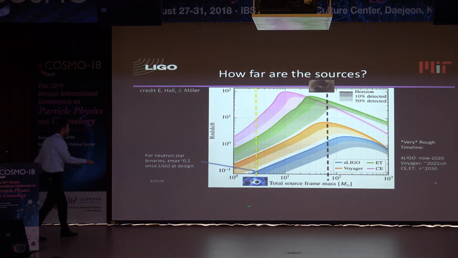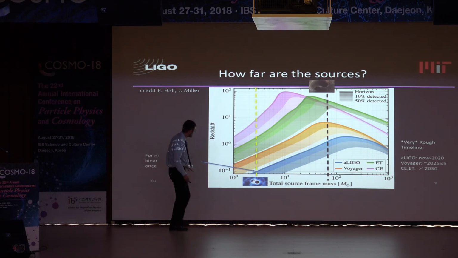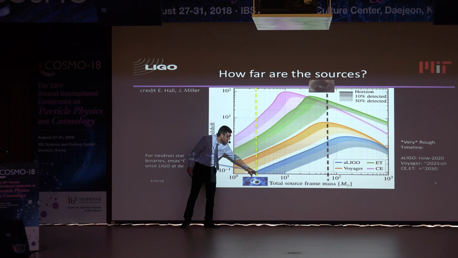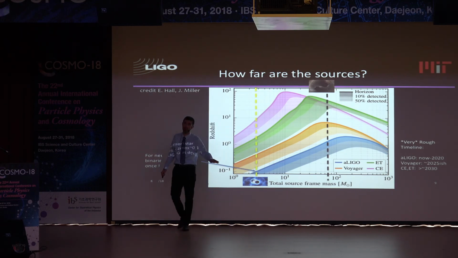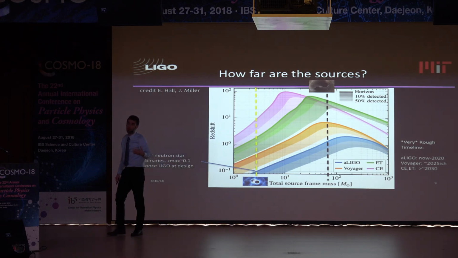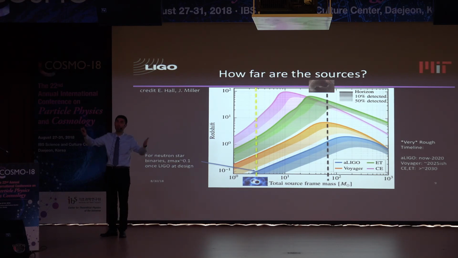And okay, the plot is cut here, but 0.1, which is 200 megaparsec-ish, is as far as we can see. Those will be the most common because far away there is more volume, of course, but they will also be the weakest we see, right?